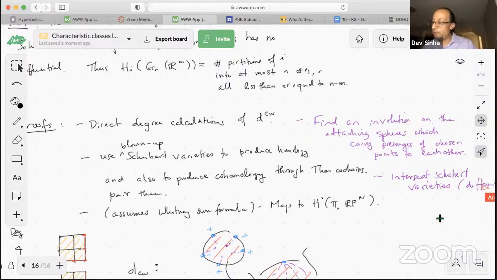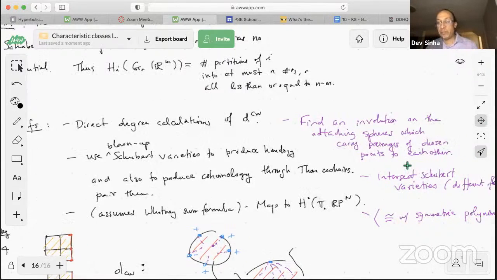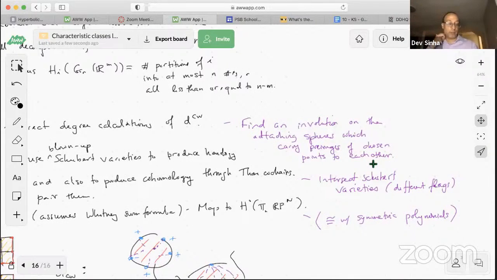You'll have a hard time getting good results if you just use the same flag for both. And here it is mapped to the cohomology of RP infinity, and you see an isomorphism with these symmetric polynomials. That is by far the slickest proof, the one Milnor and Stasheff give, but I wanted to give a different one.